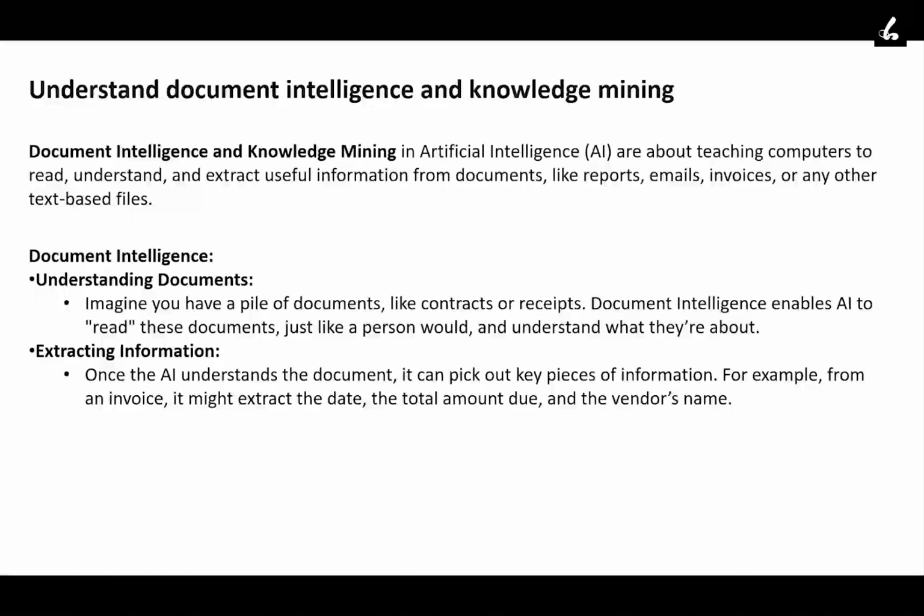Now after understanding the document, it extracts the information. Once the AI understands the document, it can pick out key pieces of information. For example, from an invoice, it can extract the date, the amount and the vendor name.